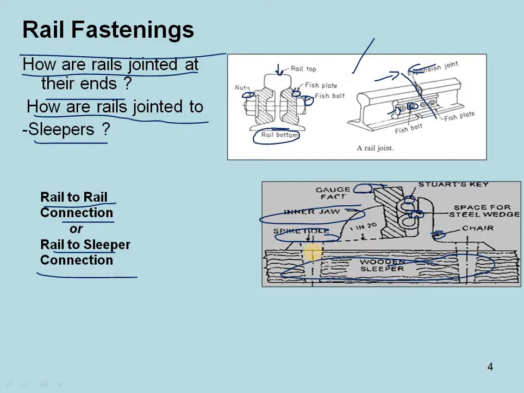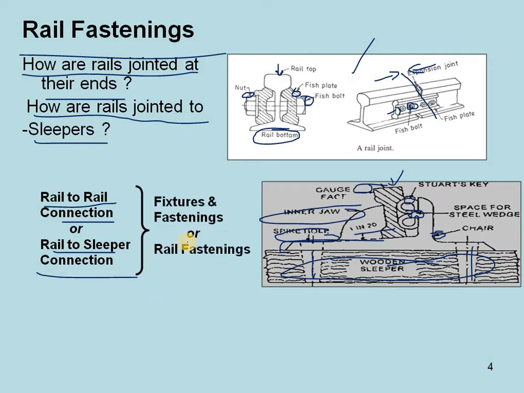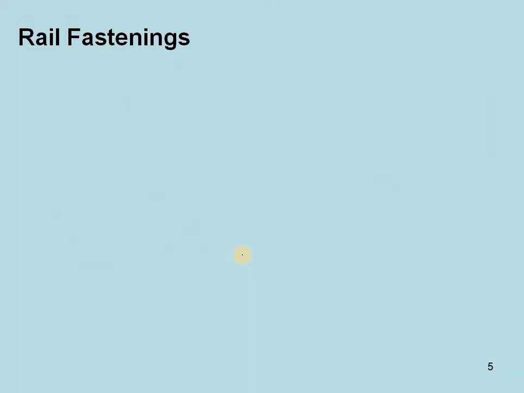This will be connected to the sleepers at the bottom, totally in a slope of 1 in 20. The top of the casing is the rail. These fixtures and fastenings are known as rail fastenings.